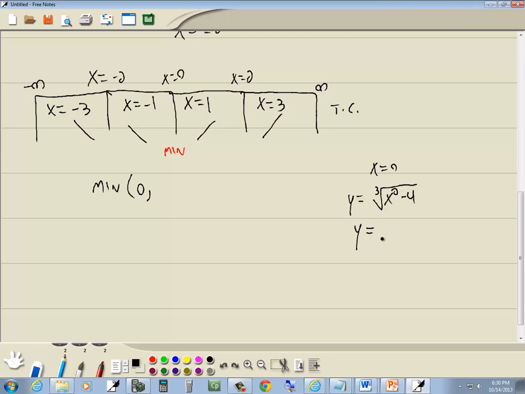Now if I put 0 in there, we'll have the cube root of 0 squared minus 4. 0 squared drops away. You've got a negative inside. You can take the negative outside of the radical. That only occurs when your index is odd. So we've got negative cube root of 4. So this would be negative cube root of 4, and that would be our min.